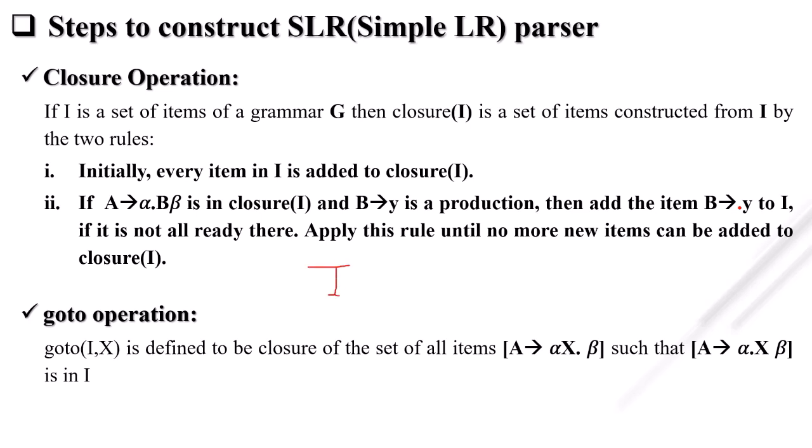Suppose I have one state I0 equal to A tends to B dot, here it is A dot X Y. So now I have to shift this dot here.